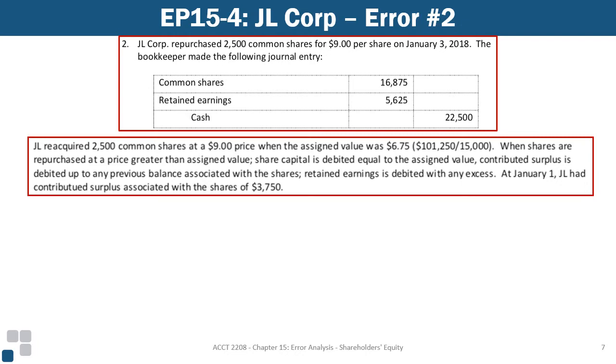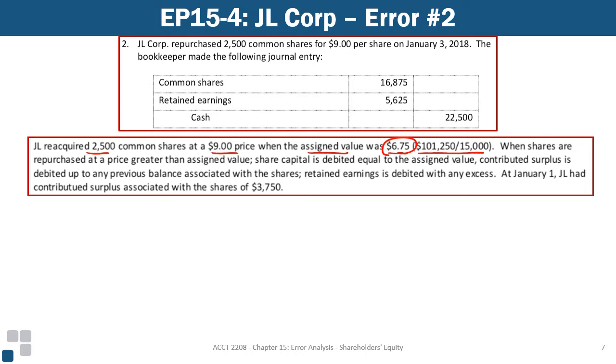What happened here is they reacquired 2,500 shares at $9. Now, the assigned value, also known as the book value, was $6.75. We determined that $6.75 by looking at the partial balance sheet we were provided. We saw that the carrying value of the common shares was 101,250, and there are 15,000 shares. So we divide them, so the average price is $6.75.